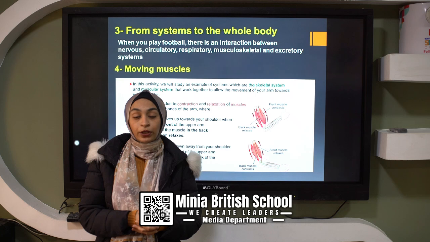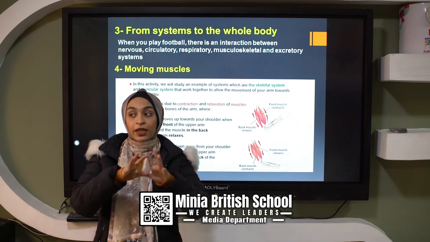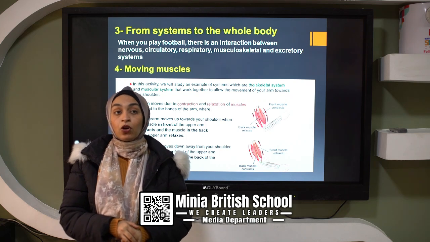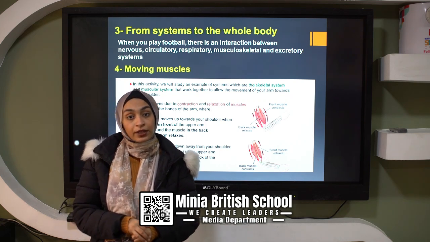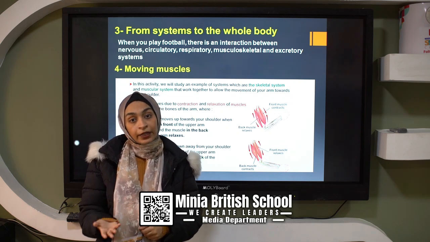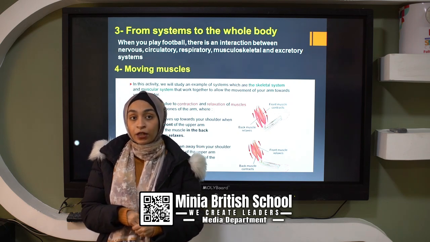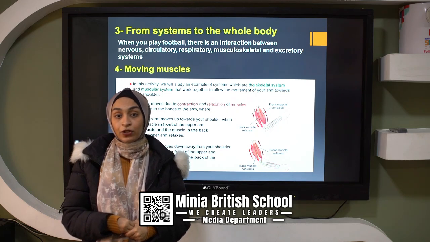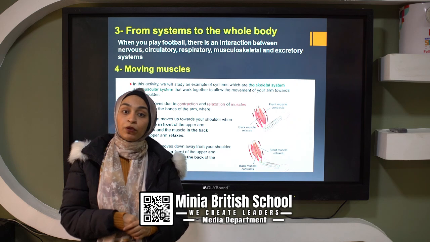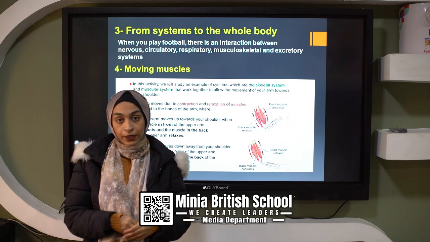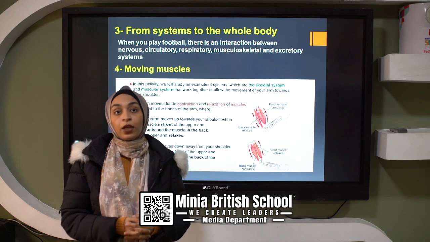Also, we talked about the nervous system, and we can consider it as the maestro of the other systems inside your body. Also, we talked about the endocrine system, which consists of glands that secrete hormones that help your body to fight or flee in any dangerous situation, with the help of the circulatory system, which consists of the heart, the blood vessels, and also the blood.